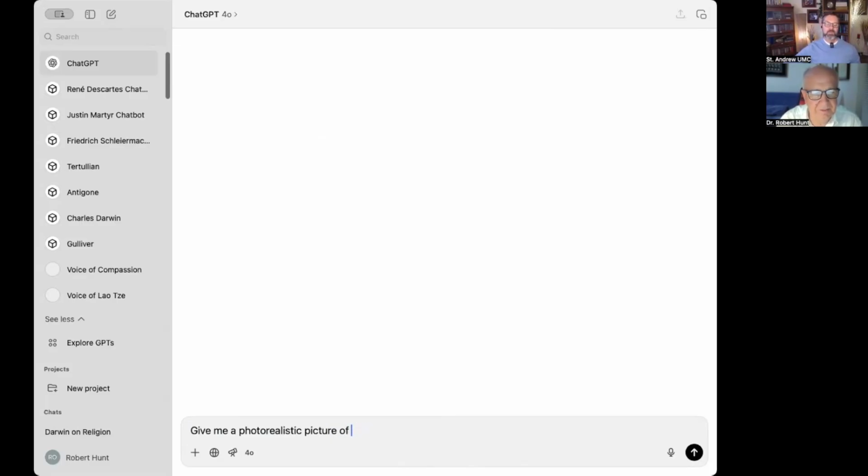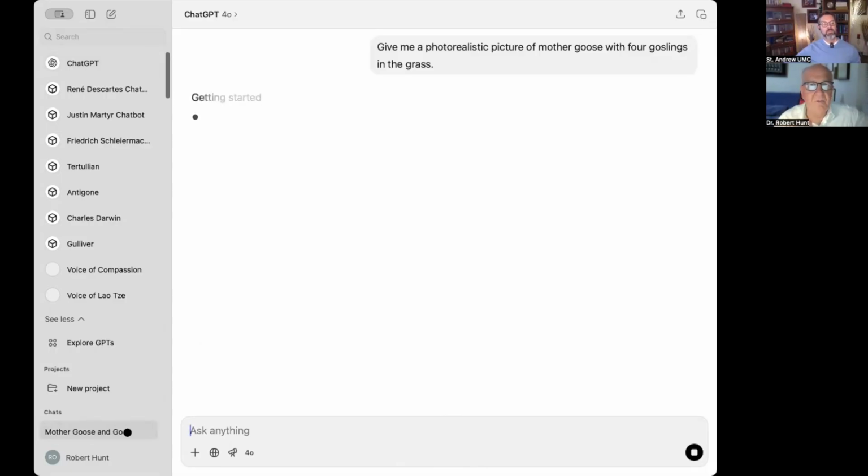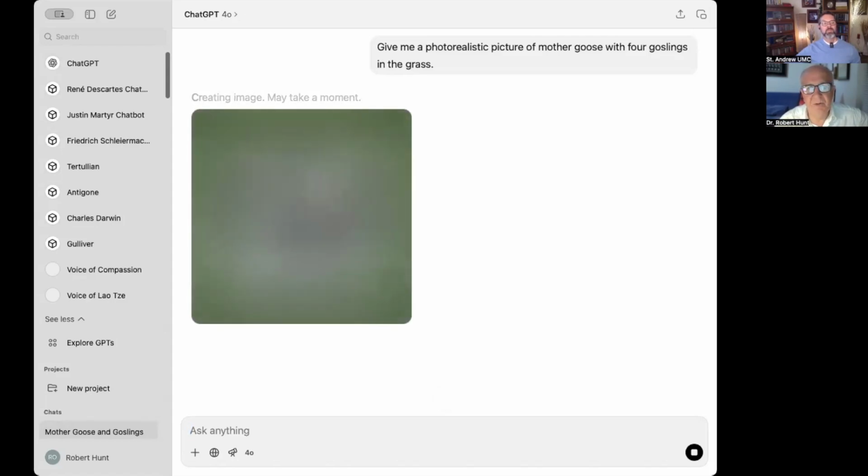Well, yeah, a mother goose with four goslings in the grass. So when I've specified photorealistic, it knows that it needs to look like a photo. So it's looking for patterns like that. It's looking for patterns of geese and goslings, and it knows what grass is. So it will now try to put them together.